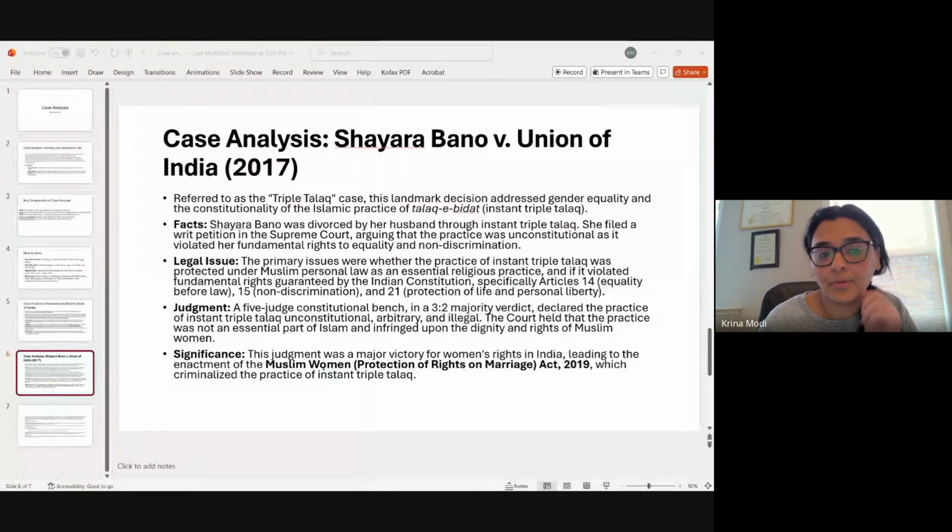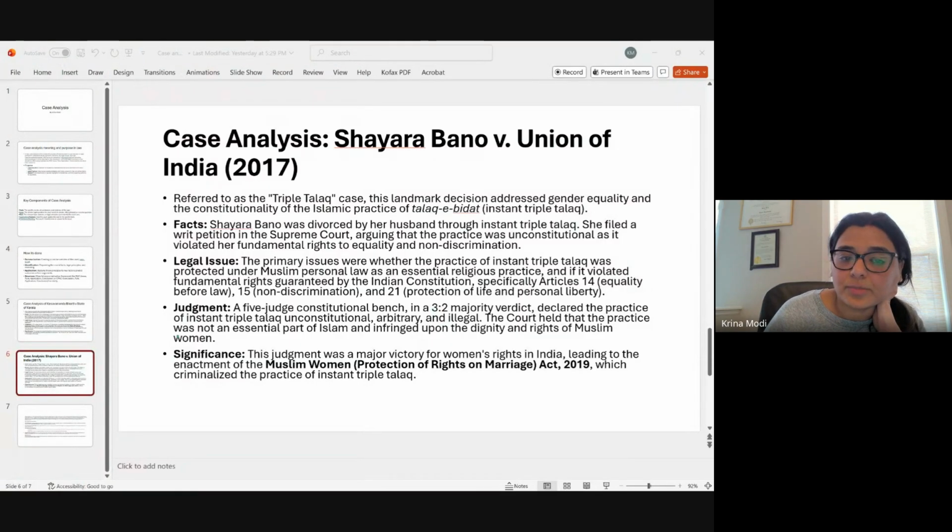So that is very important. Again, we read the facts, we got the issue, how will we apply these laws? What laws are we applying here? Article 14, Article 15, Article 21. These are the three laws we are going to read and apply.